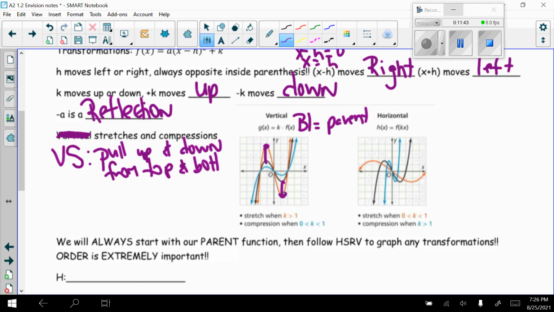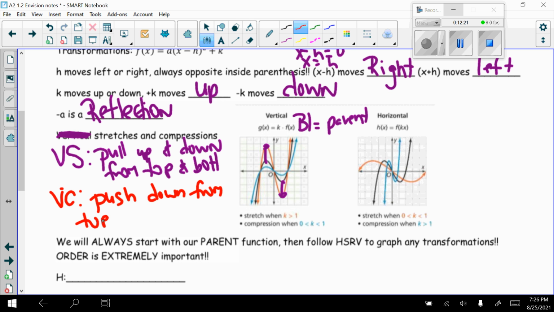So then we have a vertical compression when k, that number that we're multiplying it by, is between 0 and 1. So it's a fraction, like 1/2, 1/3, 1/4. And I'm just going to switch colors here. So a vertical compression is like we're pushing it down from the top and pushing it up from the bottom.